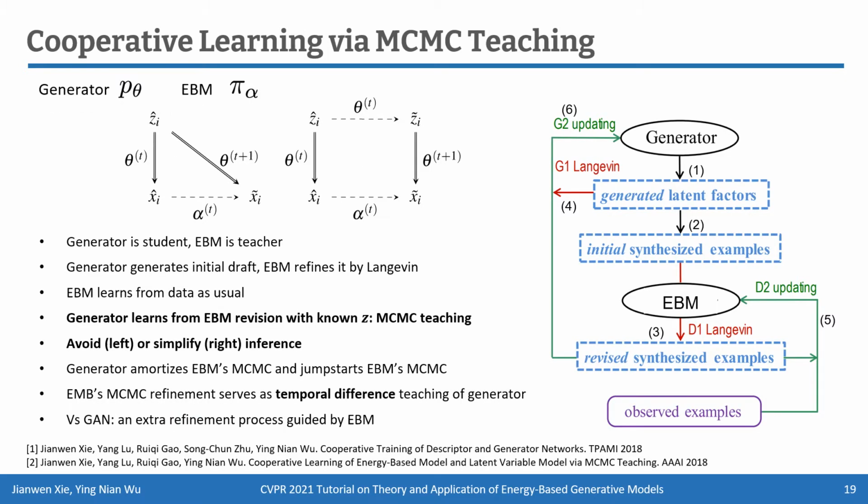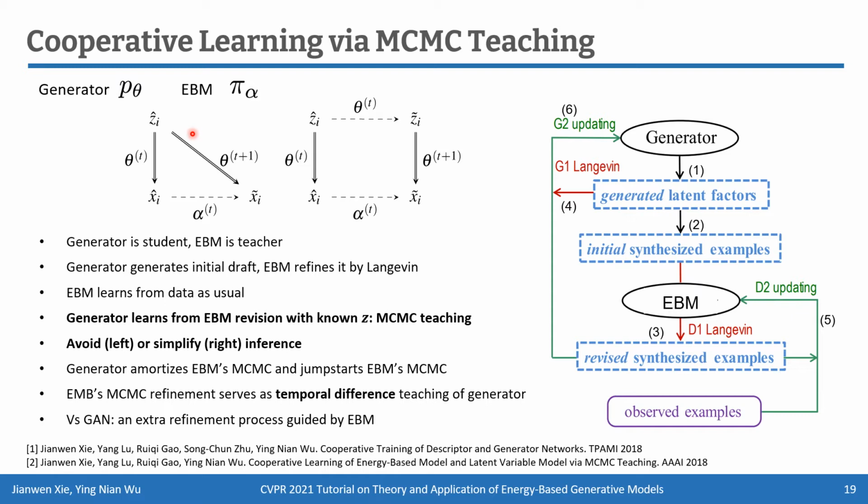This slide presents the basic idea for cooperative learning, and we do this with a so-called MCMC teaching method. Again, we have a top-down generative model, p theta, and a bottom-up energy-based model, pi of alpha. We learn the two models cooperatively in the following sense.